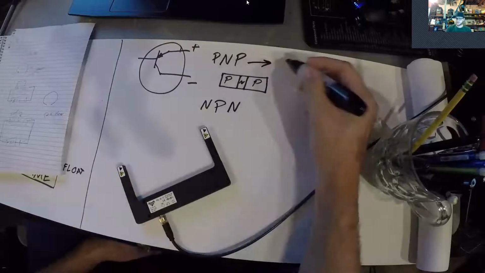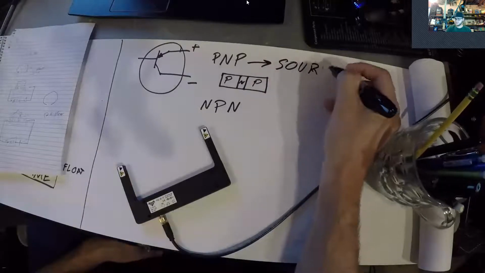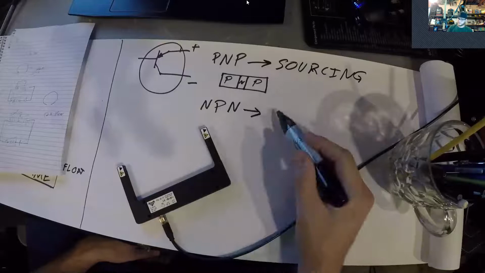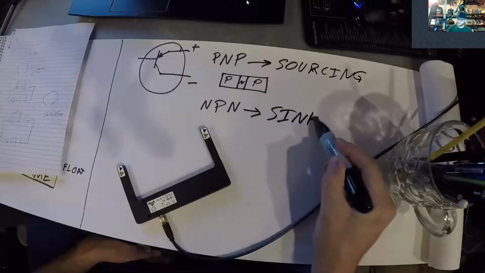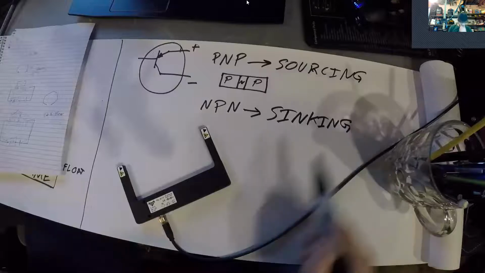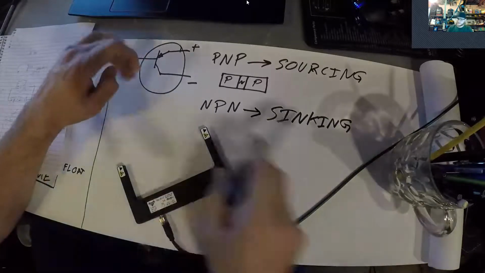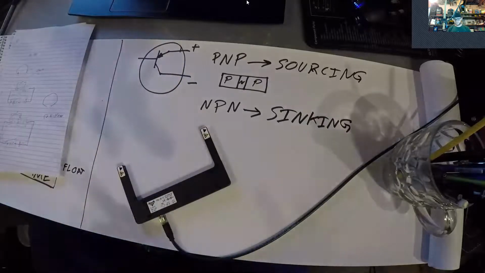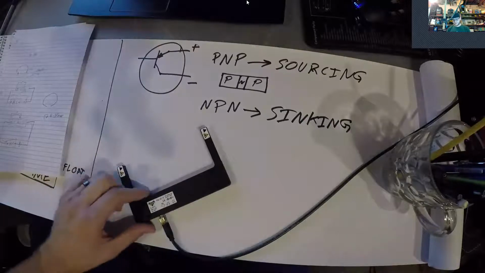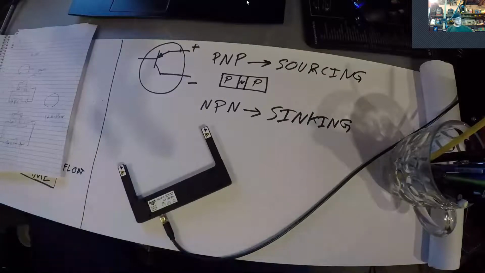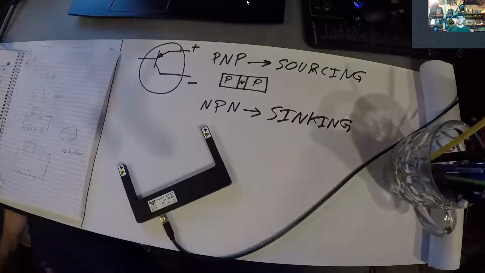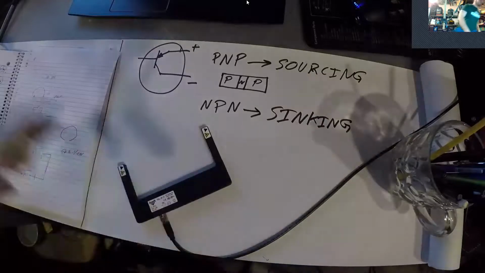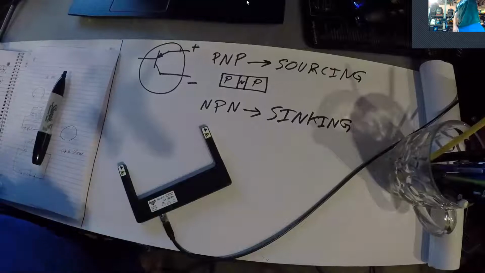In industry, PNP is referred to as sourcing, and NPN is referred to as sinking. The way this is configured ultimately determines how your wiring for this sensor works. It's really not that big a deal, but if you get it backwards, your input to your PLC won't work. And this sensor takes, I have the manual in here.